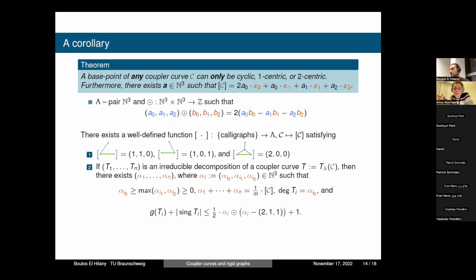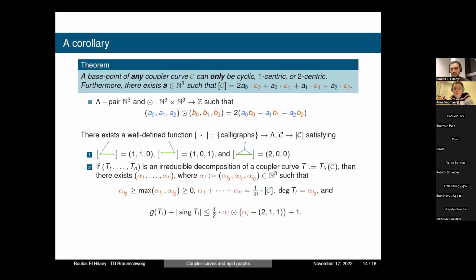In the lattice, if you take a vector that models your curve, it's a linear combination of the basis vectors. Each basis vector symbolizes one point where you blow up, and the coefficient in front of it is the multiplicity of the curve at this point.